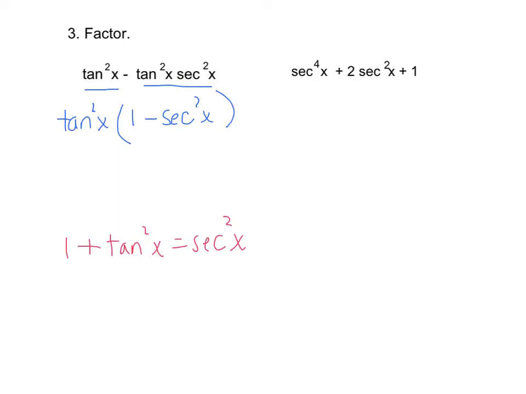So if I said tangent squared x equals secant squared x minus 1, in other words, I move the 1 to the other side, then I'm sort of close, right? That's not 1 minus secant, it's secant minus 1. So what if I multiply through by negative 1?